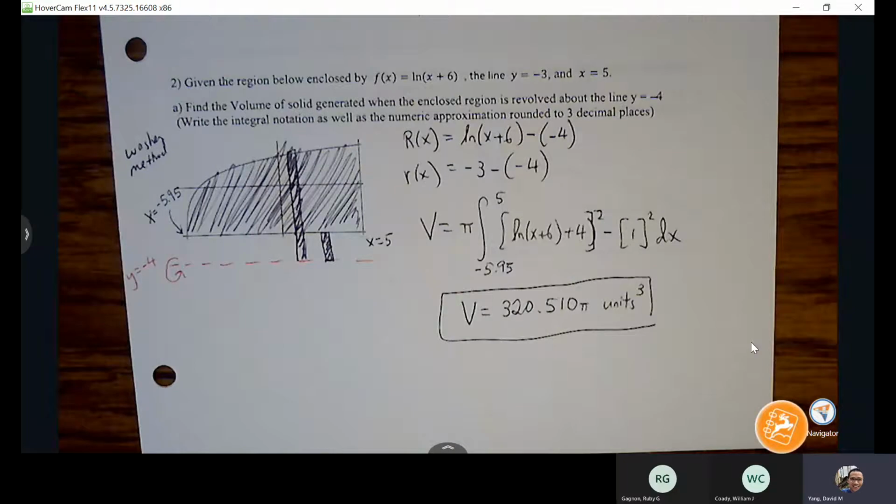Practice entering it into your calculator. Let me know if you're running into any issues.